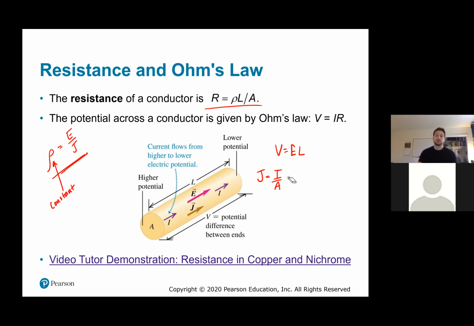So put this together with this, and we end up with E is V over L, J is I over A, and we end up saying V A over I L, that V over I equals rho L over A.